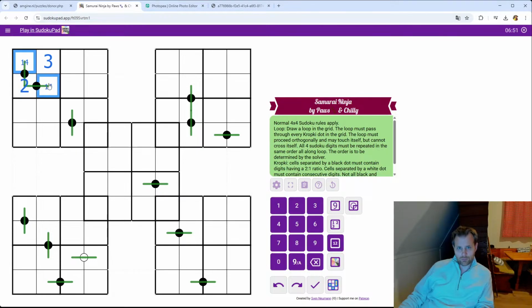Those are not 2. So those are from 1 to 4. There has to be a 2 in it, so 2 must be there. This is also 1, 2, 4 with a 2 up there. And those are not 2.